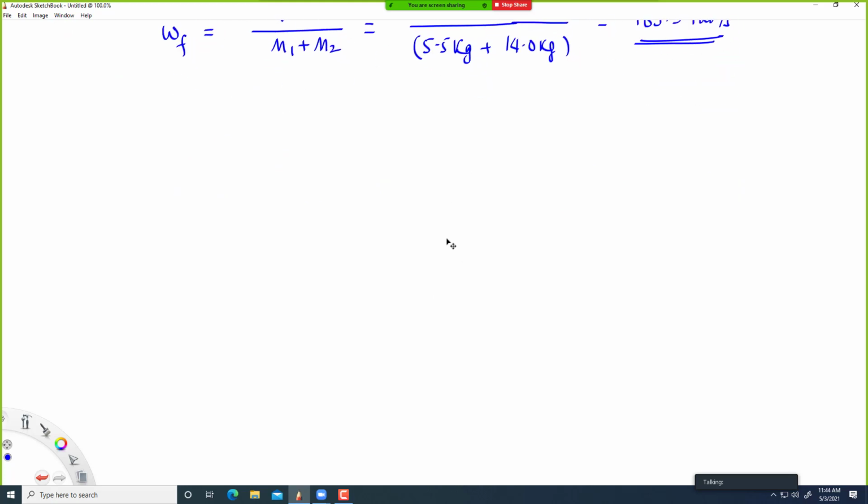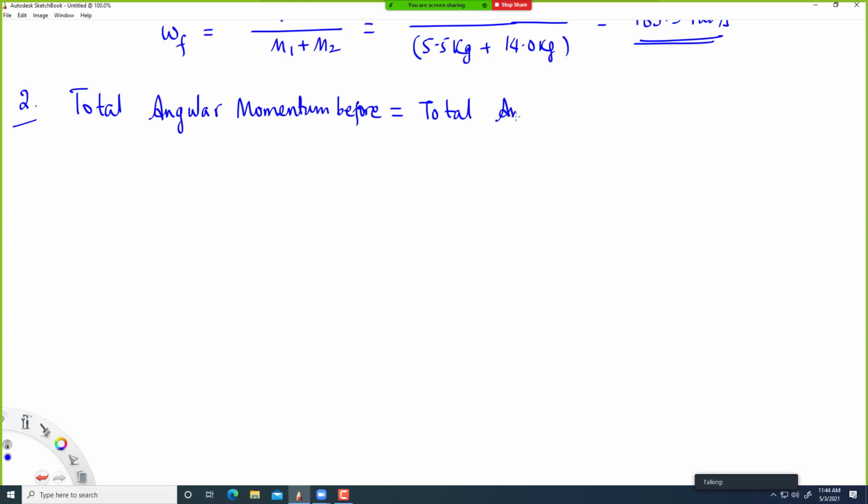So the idea here is again that total angular momentum before is equal to total angular momentum after.